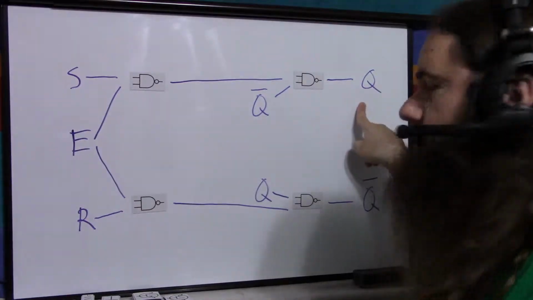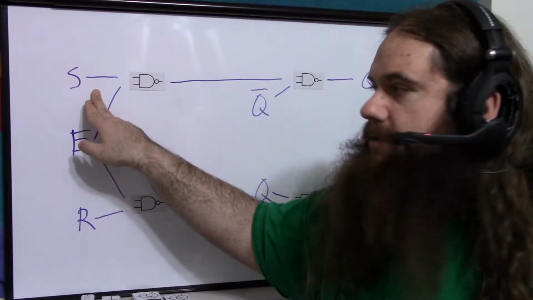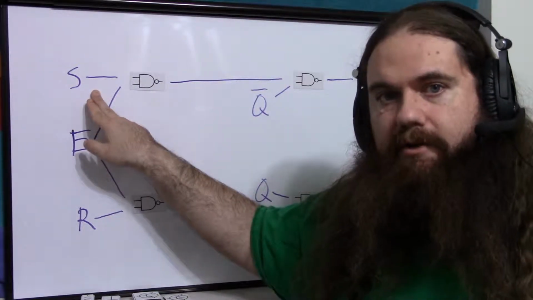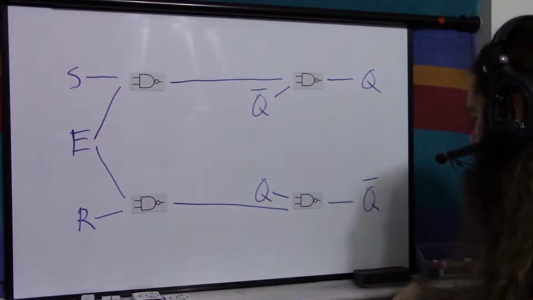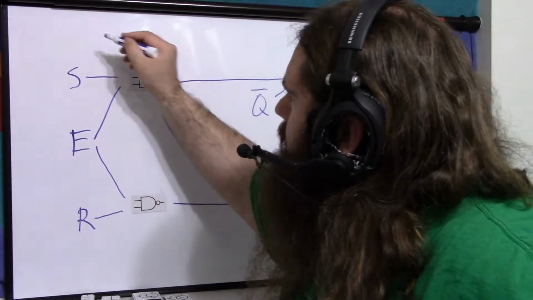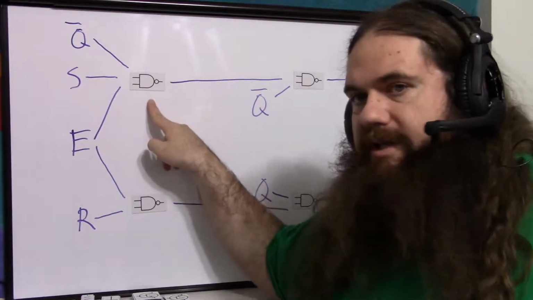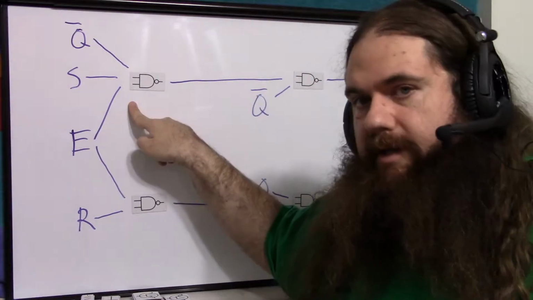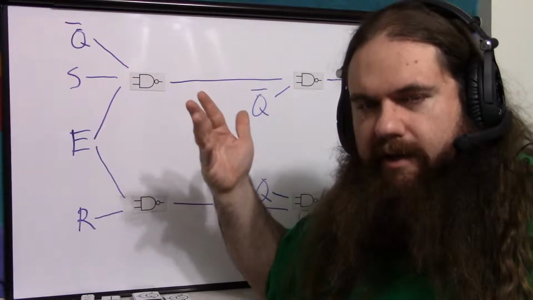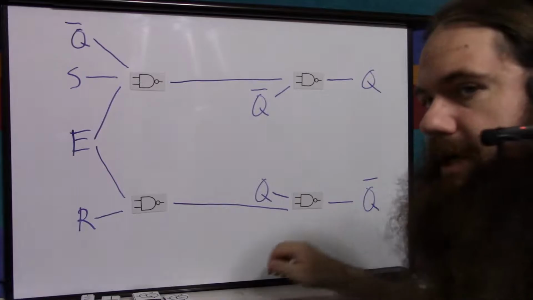So when Q is 1, when it's set, giving the set signal doesn't serve a purpose. So is there a way we could make it ignore that? Well, when Q is 1, Q naught is 0. So what if we make this a 3-input NAND gate? What if I take Q naught and give it as an input? So in order for the set signal to be sent, the enable has to be on, set has to be on obviously, but also Q naught has to be on, which means it has to be in the reset mode.